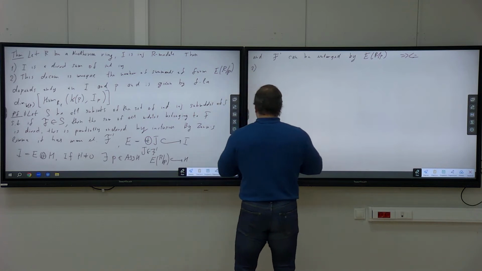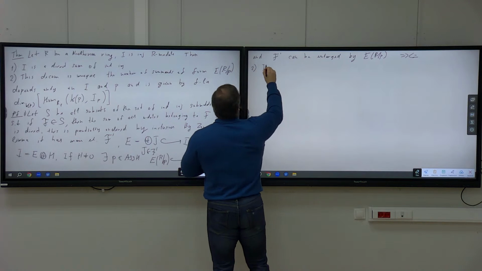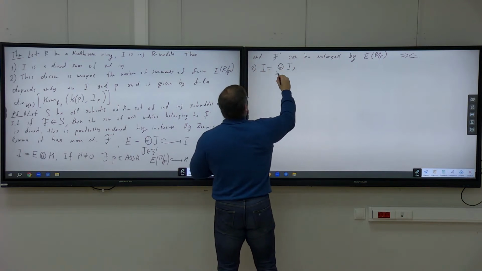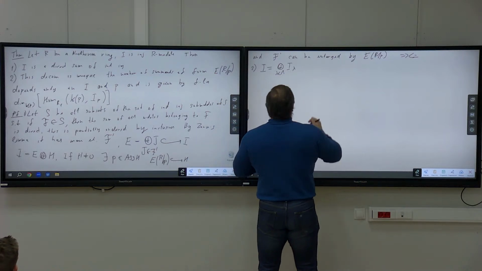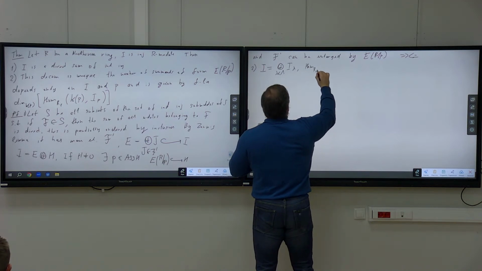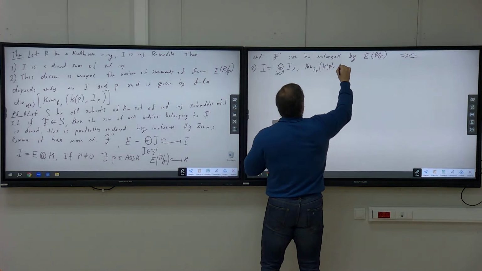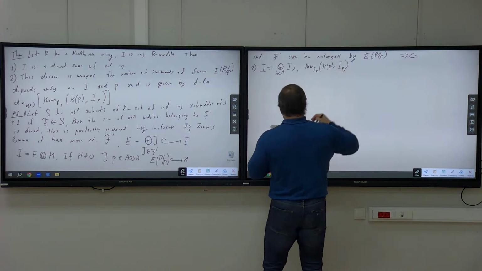Okay, 2. Let's say that I have this direct sum decomposition parameterized by some lambda in the set Lambda. Well, let's do a computation. Hom over the localization R_P from the residue field to the localization I_P.